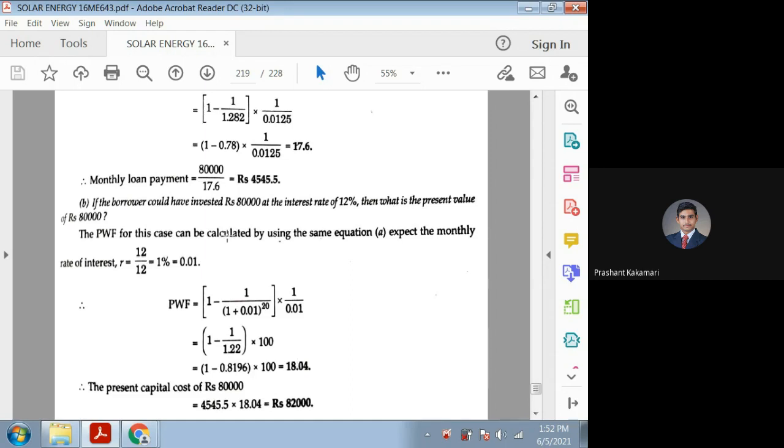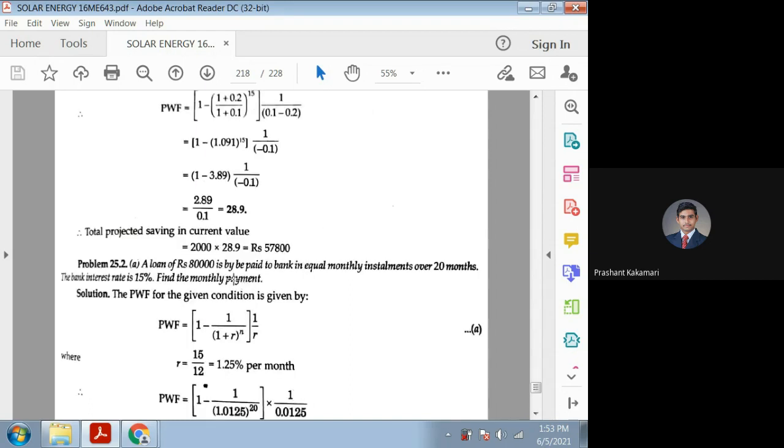Monthly spending for 80,000 was 4,545.5, and with the factor 18.04, if I multiply 4,545.4 into 18.04, I will get 82,000 rupees. This means the benefit on investment is more compared to taking the loan from the person.